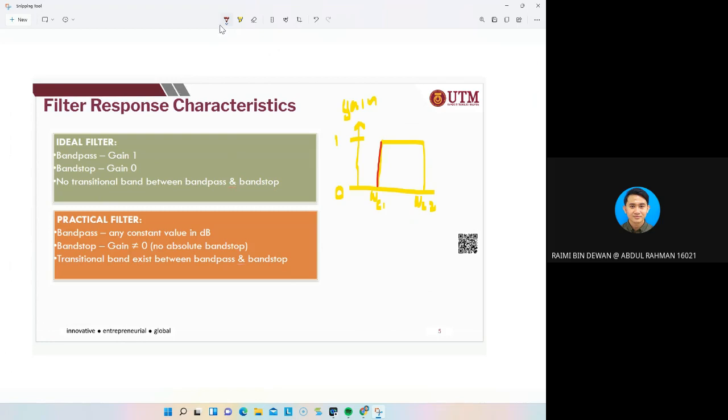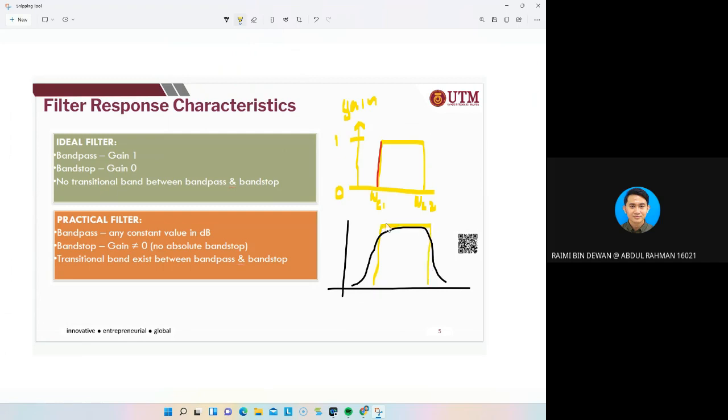However, in our practical filters, as you can see from here, our band pass filter, we can explain using other types of filter, but I chose band pass filter. So there is a transition, totally different from our ideal filters.